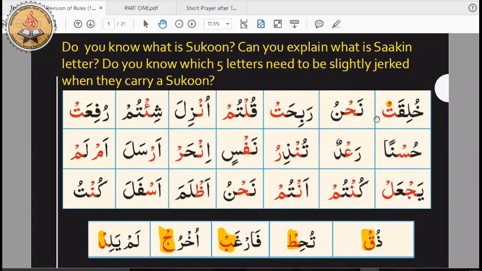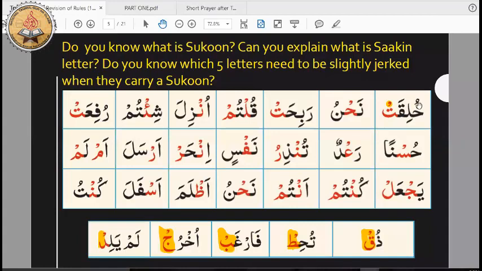In this example, the ta has a sukoon on top of it. The sukoon indicates that you have to join this ta with the letter before it, and the letter before it is the qaf. So I have to join the qaf to the ta. The sukoon acts as a joining indication that you have to join the two letters together.